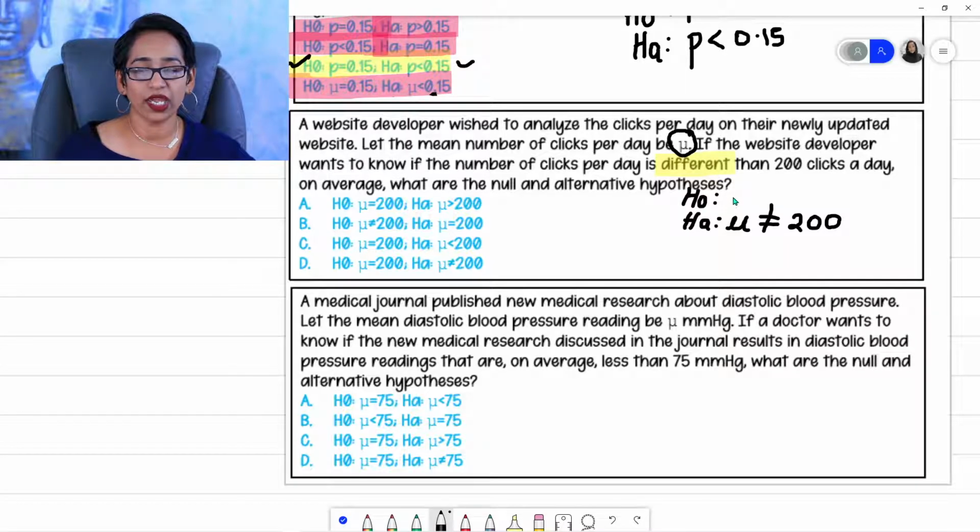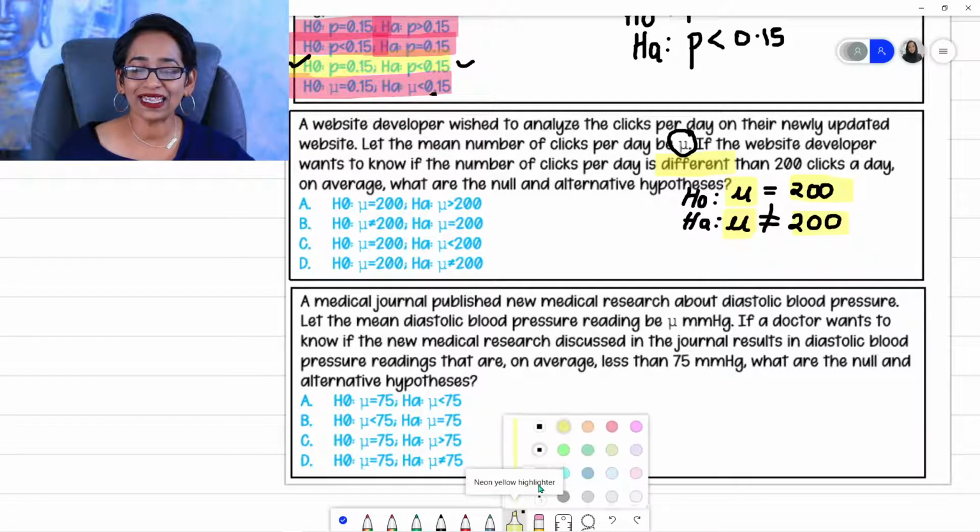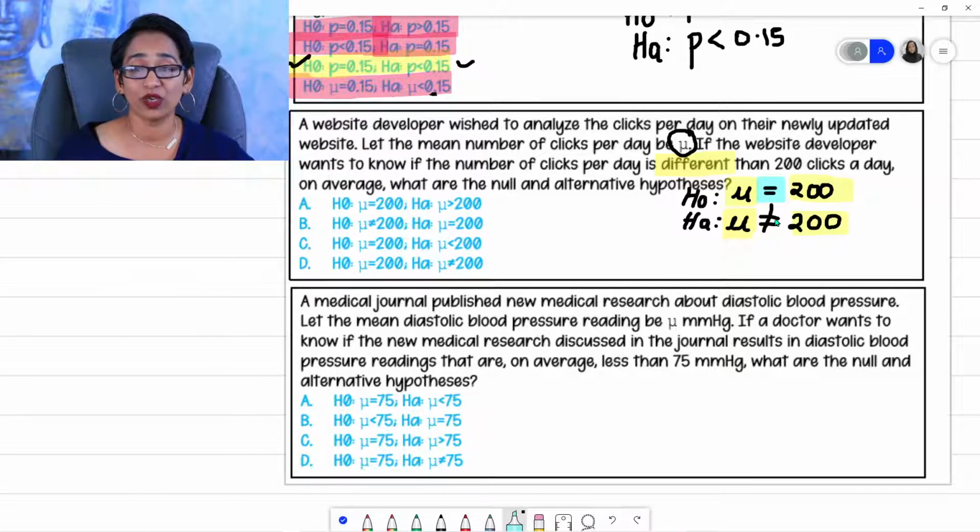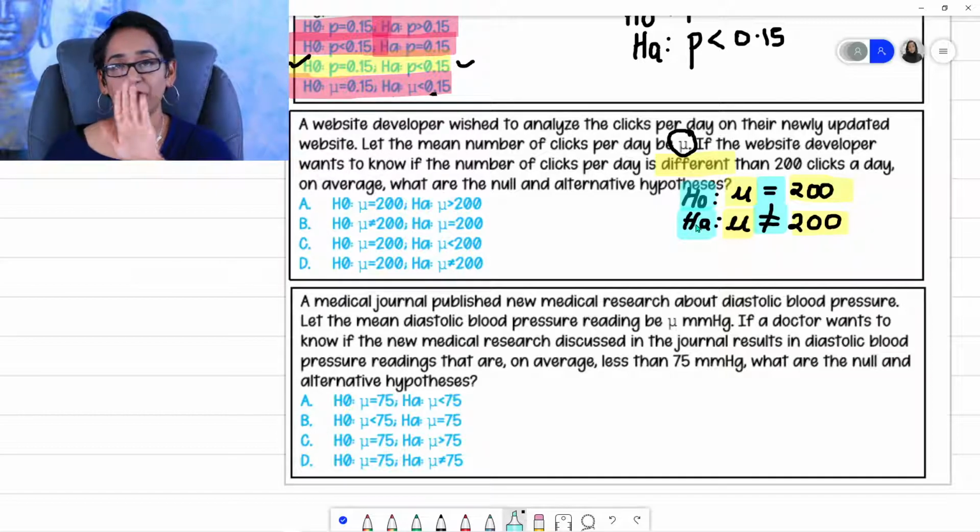Doesn't matter what my HA is, my H naught is always equal to. Again, this will always remain the same. So look what's happening. This 200 will be the same for both of them. The mu will be the same for both of them. The only thing that is different, or opposite, will be the signs. So that's the key. Your H naught and HA will have everything the same except the signs.